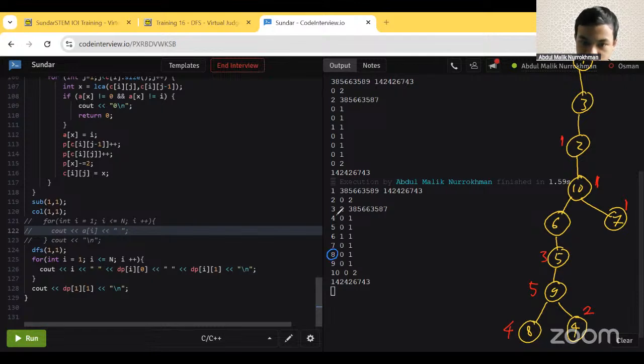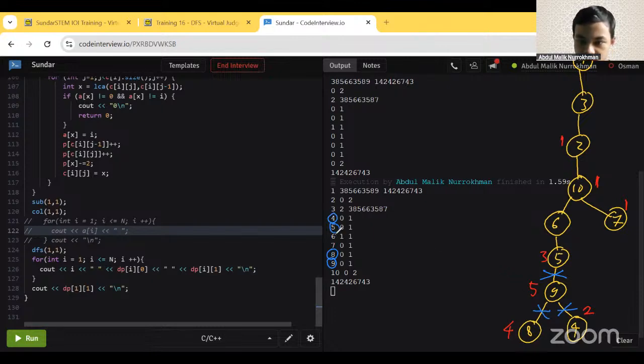Okay, this is correct, and 4 is also correct. How about 9? 9 is also correct, because we must cut this and cut this, so this is the only answer. Alright, so how about 3? Sorry, 5. This is also only one way.